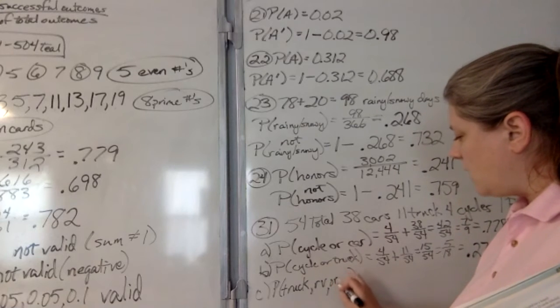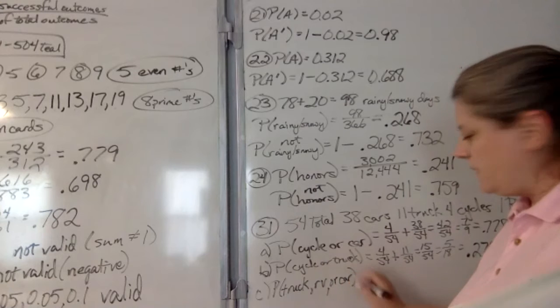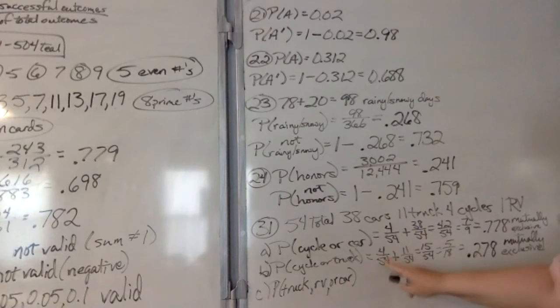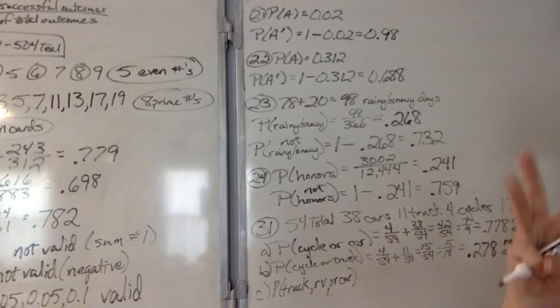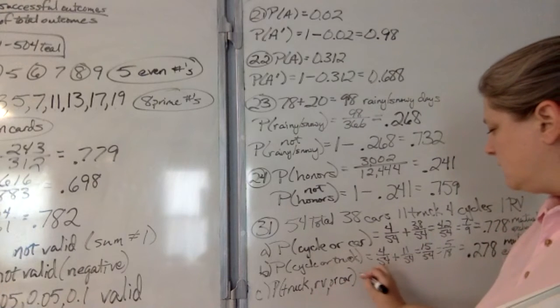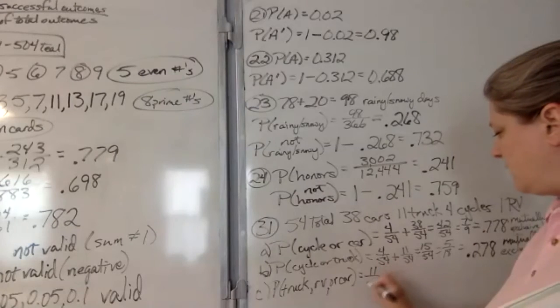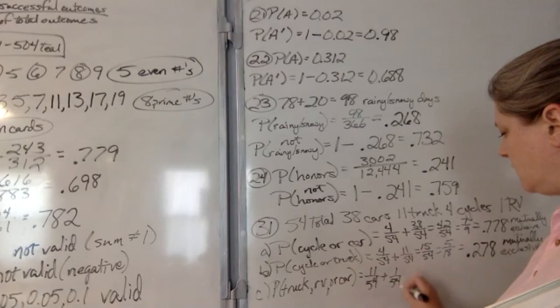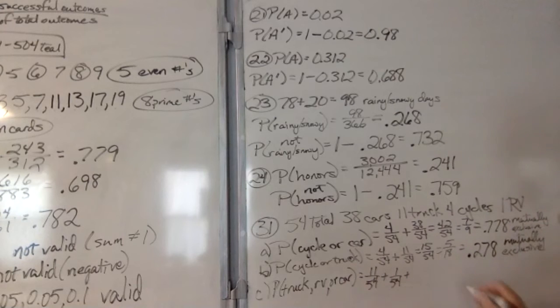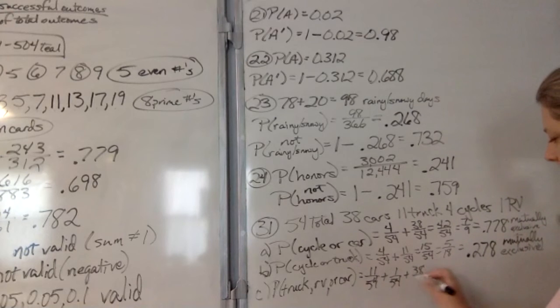So truck, RV, or car. This time, instead of having 2 fractions added together, we're going to have how many? 3. The truck was 11 over 54. The RV was 1 over 54. And the car was 38 over 54. So we add those 3 fractions together.